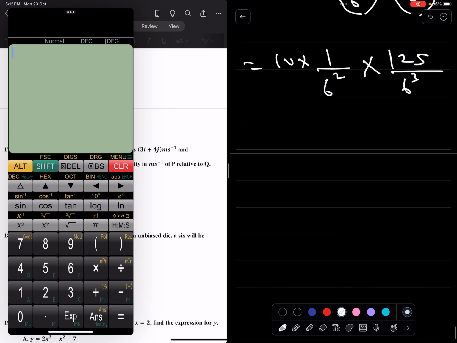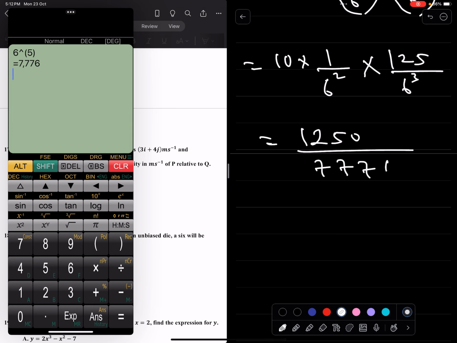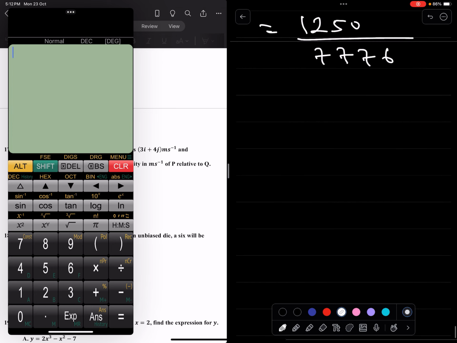This is the same as 1,250 divided by 6 raised to power 2 times 6 raised to power 3, which is 6 raised to power 5, and that's 7,776. So let's divide 1,250 by 7,776.